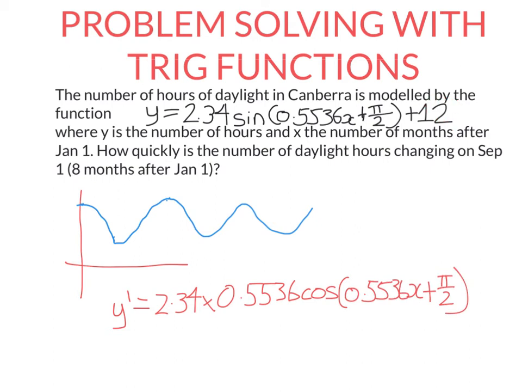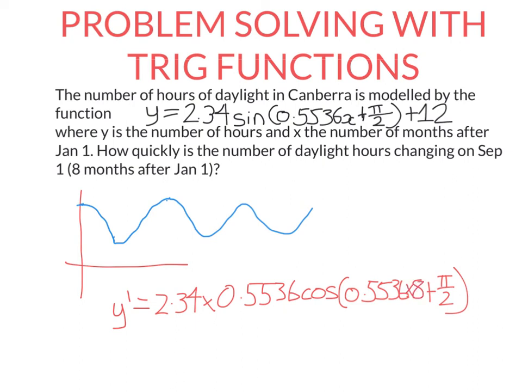So just remember, when you're differentiating with trig functions, you must do everything in radians, because the derivative of sine x is cos x only when x is in radians. So that's why it's really important your calculator's in radians. So if I want to know how quickly it's changing on September 1, 8 months later, all I need to do is take my x and change it to 8.